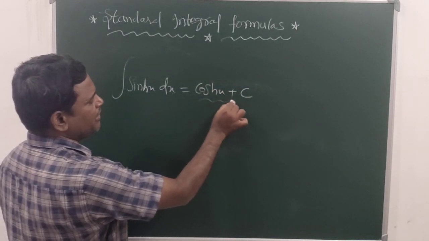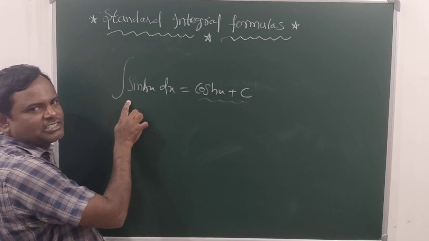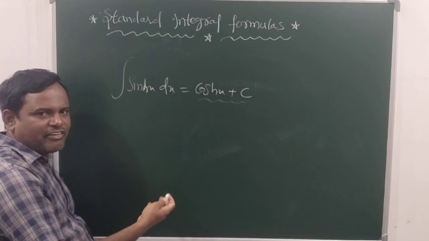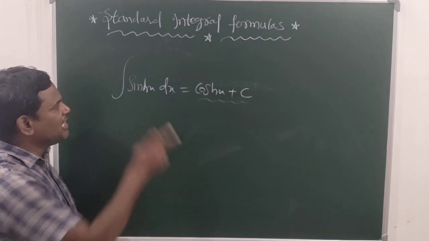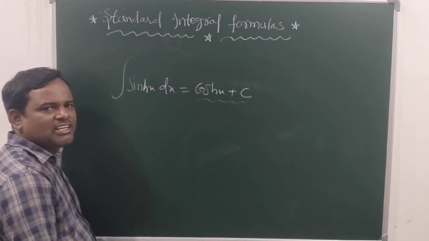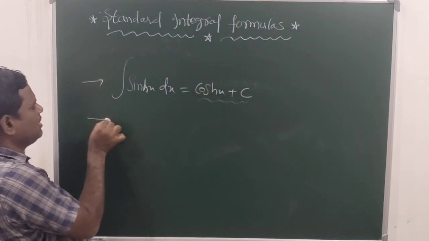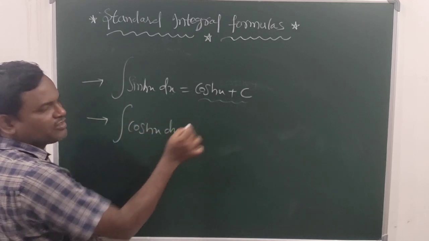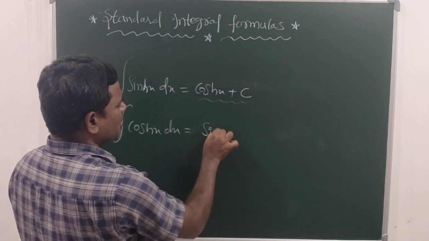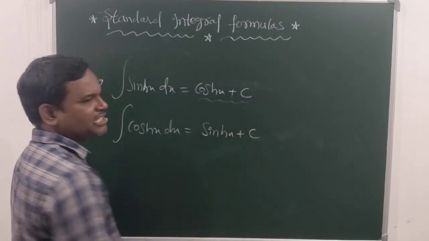Because if you take the derivative of this, you will get this. The derivative of sinh x is cosh x, and the derivative of cosh x is sinh x. Hence, the integral of sinh x is cosh x. Next, the integral of cosh x dx is equal to sinh x plus c.